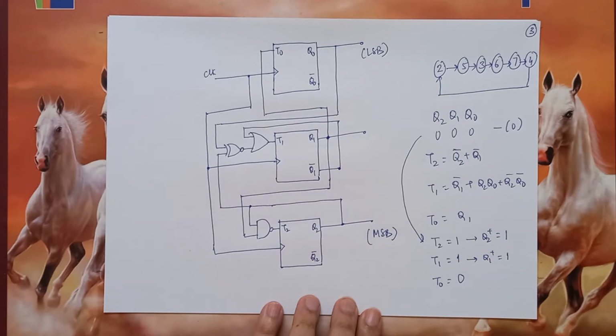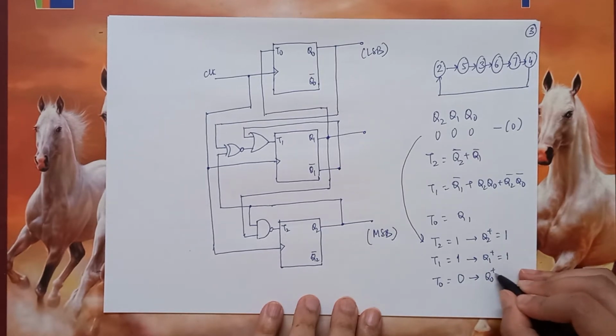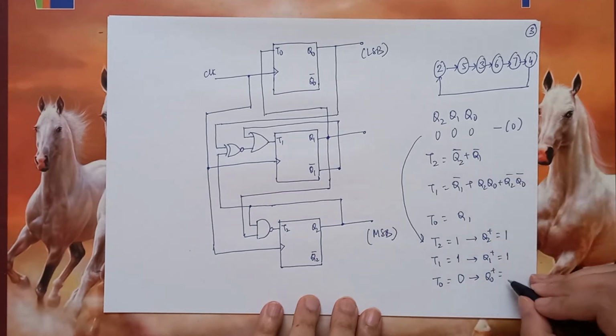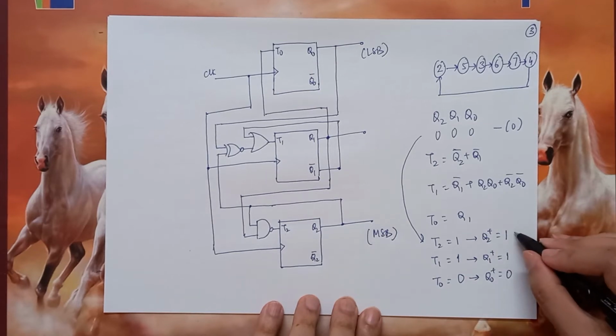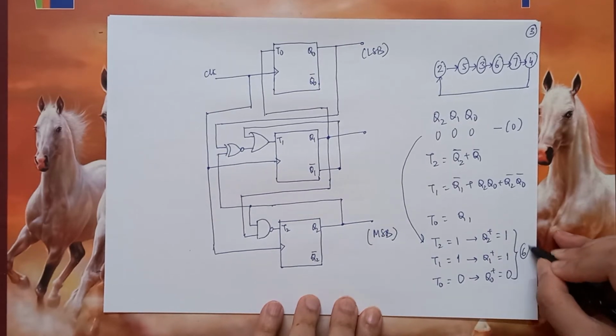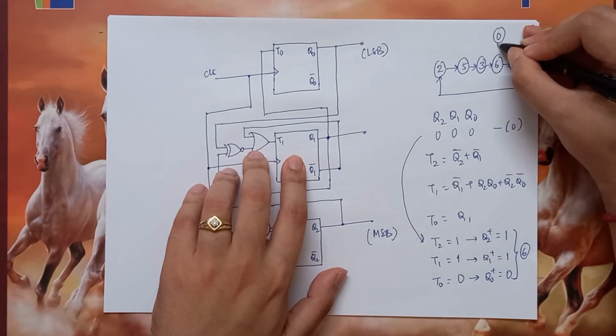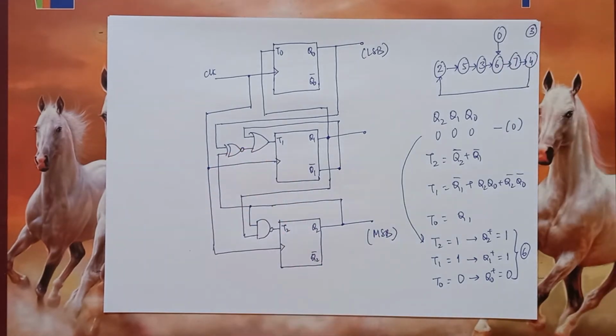And Q0 plus will be the same as Q0 because T0 is 0, that is 0. So therefore what we get, the next state is 6. So if the present state somehow becomes 0, the next state would be 6. What about 1?